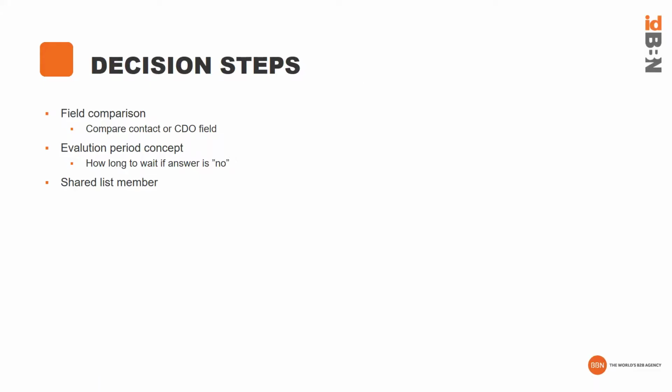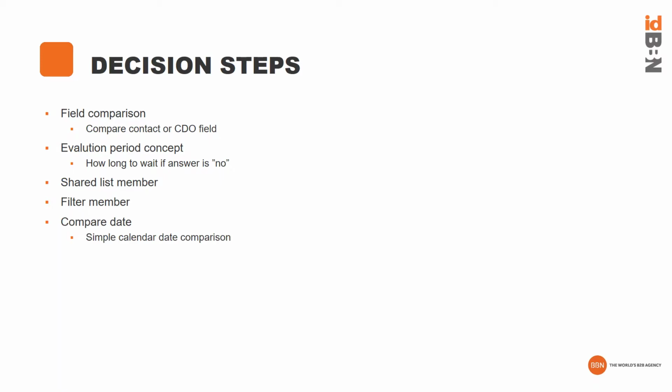We can test for shared list membership, handy. Filter member, even better, because filters can be building blocks of segments. With filter we can create quite complex and dynamic conditions.